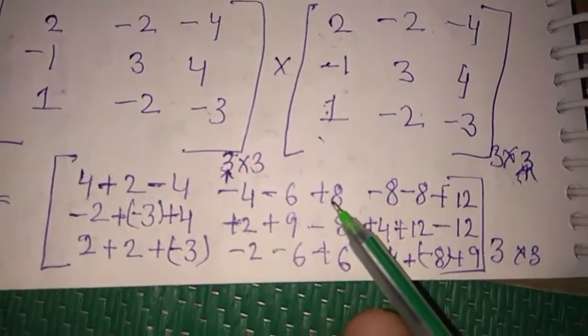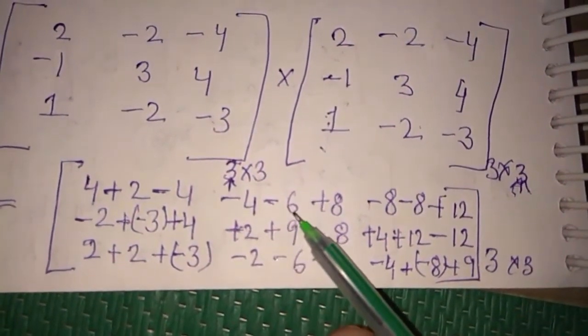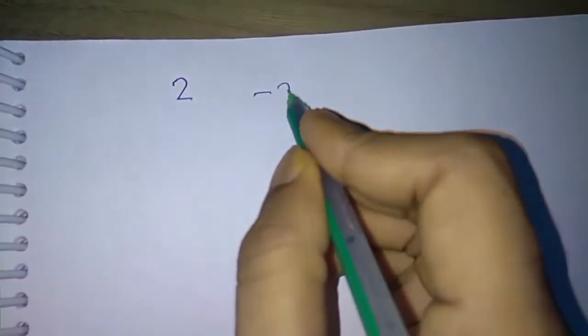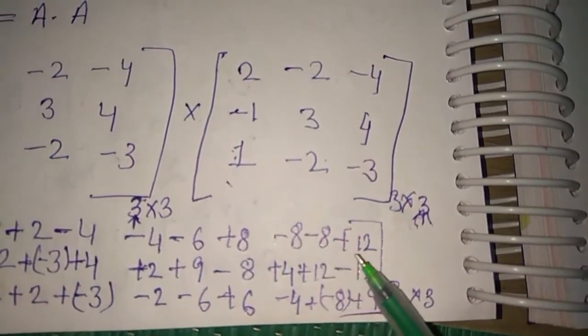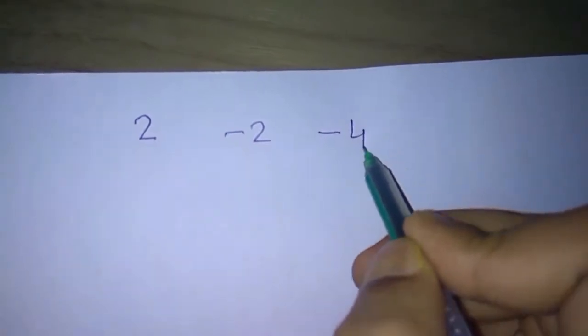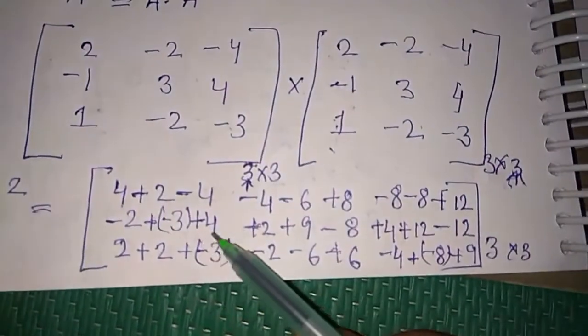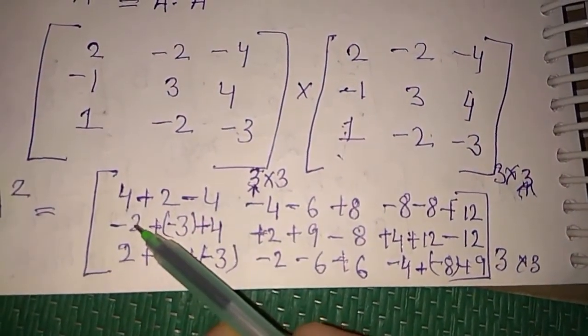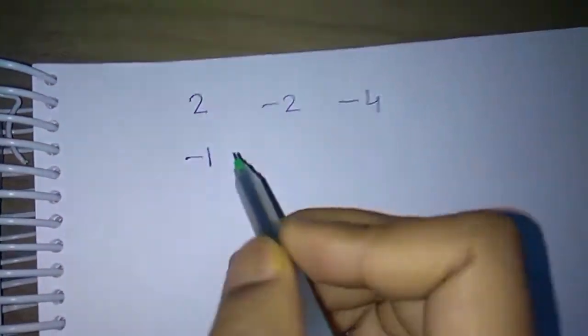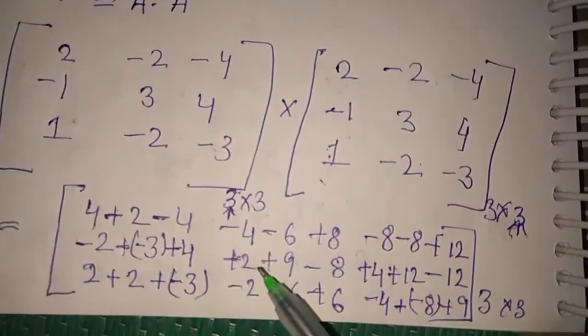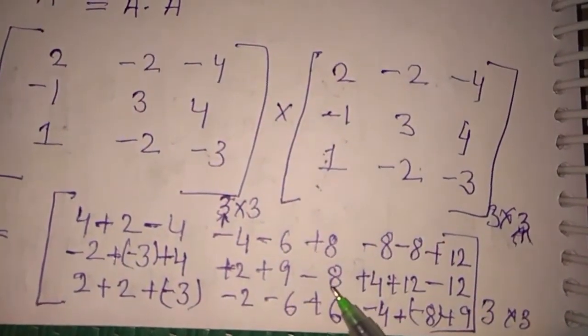Here 8 minus 4, 4, minus 6, minus 2. So we'll write here minus 2. Next we have minus 8 minus 16 plus 12, minus 4. We'll write it as minus 4. Next we have 4 minus 2 plus 2 and minus 3, minus 1. So minus 1. Next we have 2, 9, 11 minus 8, that is plus 3.